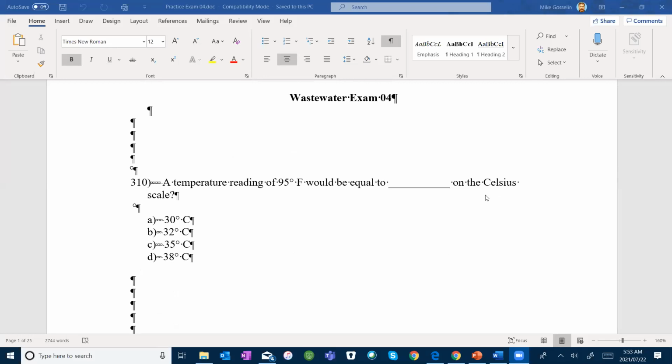On an Imperial exam, you may or may not see a question such as this, but it's a lot shorter to enter 95 Fahrenheit and convert it to Celsius on a calculator than it is to stop everything you're doing and try to find the calculation for that conversion. So definitely have a converting calculator with you. And the answer is C, by the way, if you don't have a calculator handy.